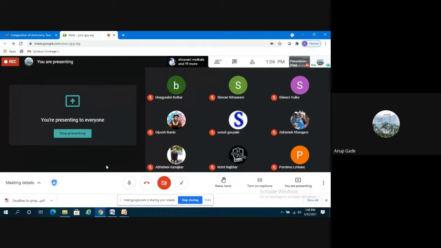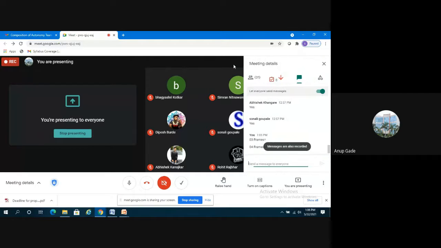Come on, confirm. First, 3 frames. Number of page faults whenever we are using 3 frames. How many page faults did you get?